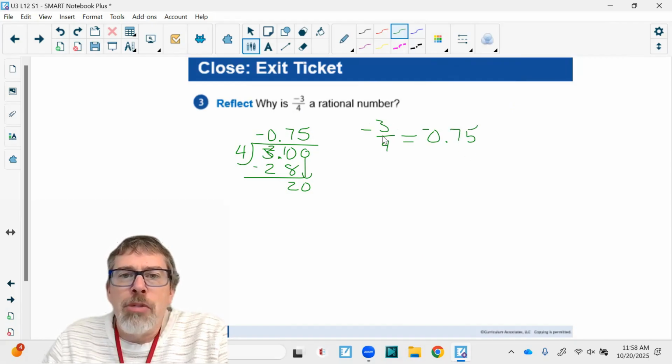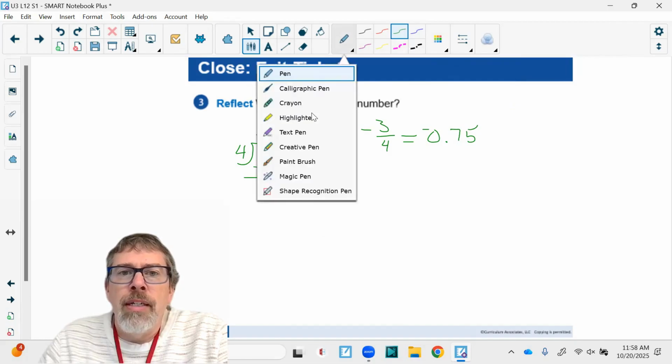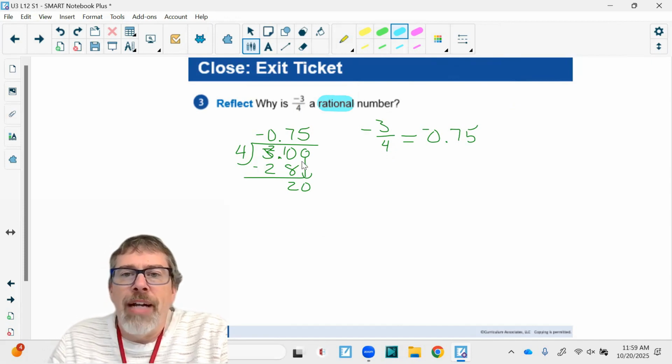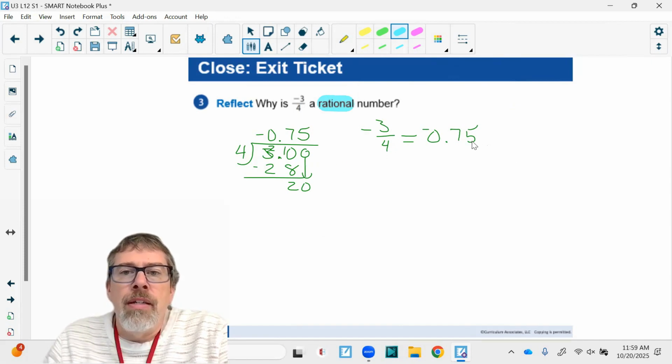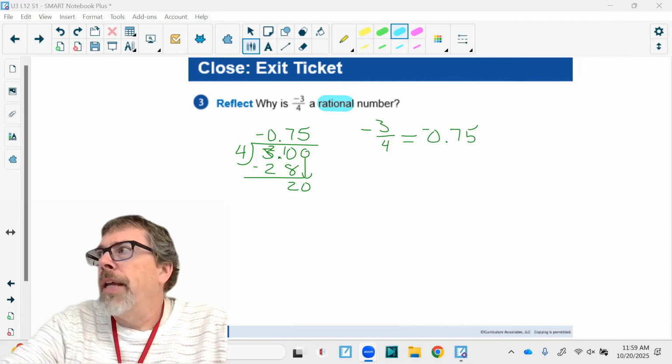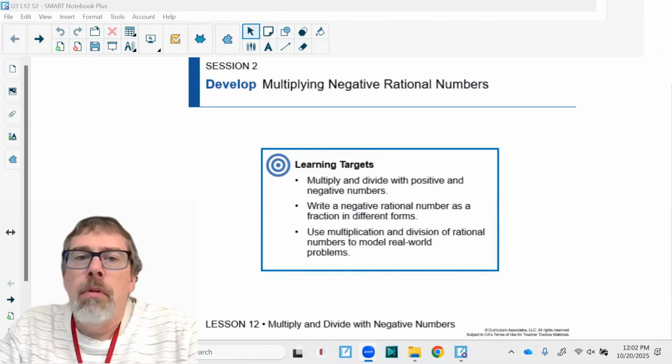So if you have a decimal or a fraction, it is a rational number. I cannot write this as an integer, a whole number, positive or negative, if you will. So therefore, it is rational. It is not a repeating decimal, and therefore it's rational. That's the end of session 1.